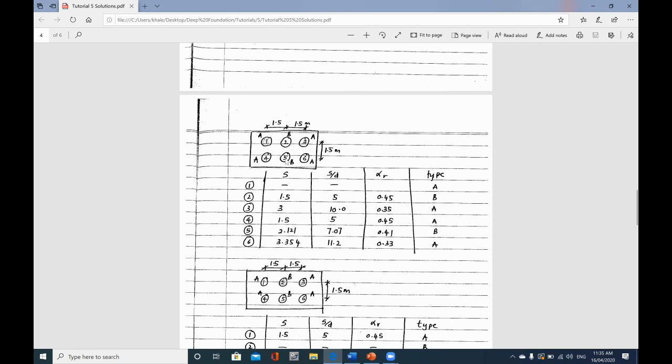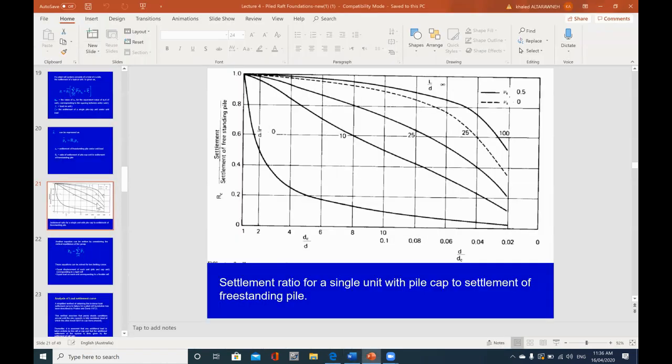Between this pile and this pile, we need to take under the square root 1.5 squared plus 1.5 squared, all under the square root, and that will give us what's the spacing between pile number 1 and pile number 5, and it will be 2.121 meter. So after we calculated the amount of spacings, we need to calculate the amount of spacing over diameter ratio. So that will be on this column, and then we take spacing over diameter with other variables to calculate the value of alpha R ratio.